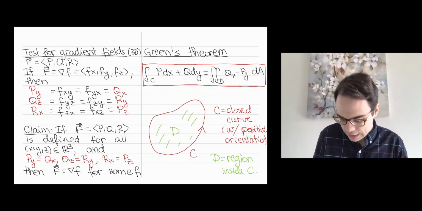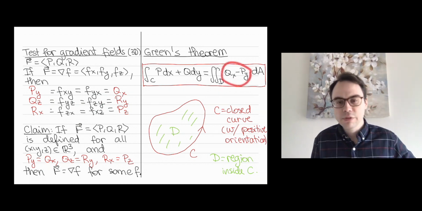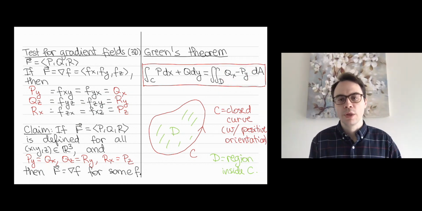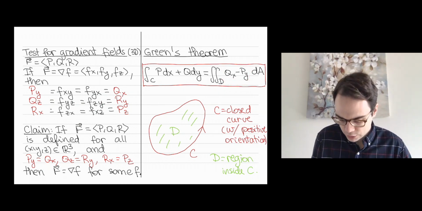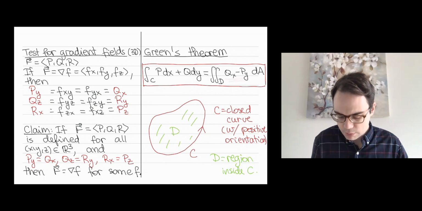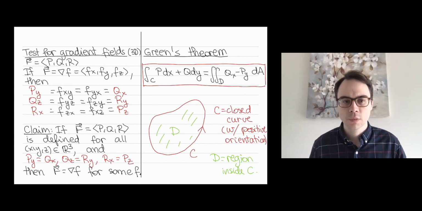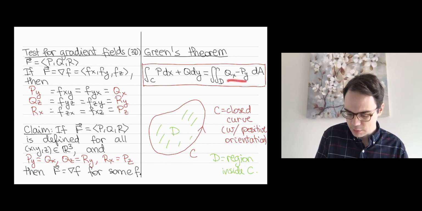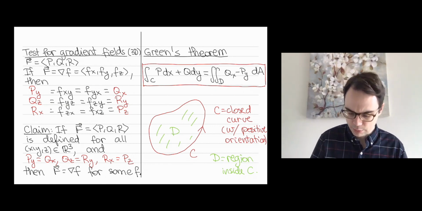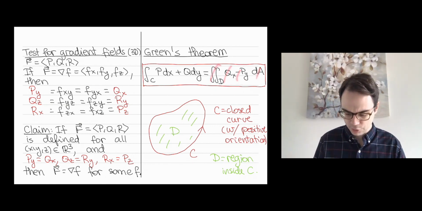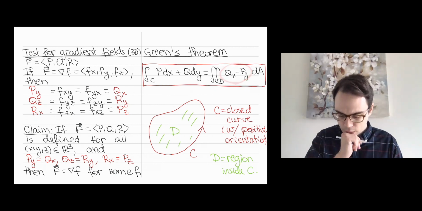This function is a combination of these partials we've been working with throughout this lecture, right? So we're looking at the double integral of Q sub x minus P sub y. So for a conservative field, Q sub x minus P sub y would be 0, for example. Then the right-hand side would always be 0. But in general, it's not.